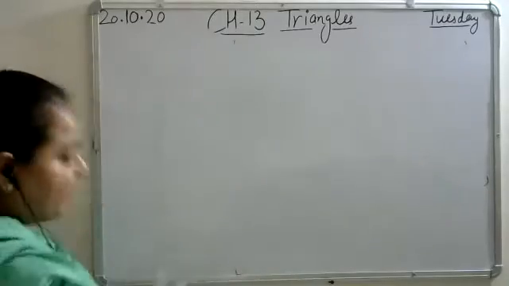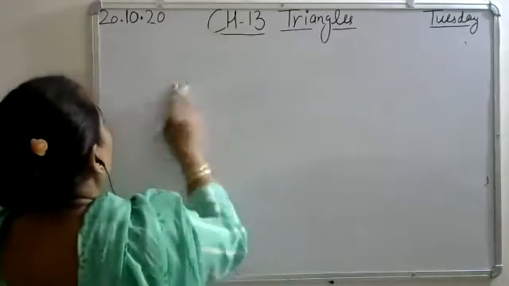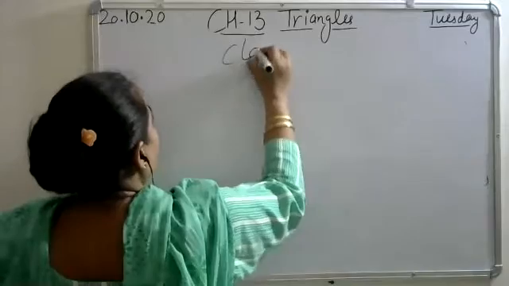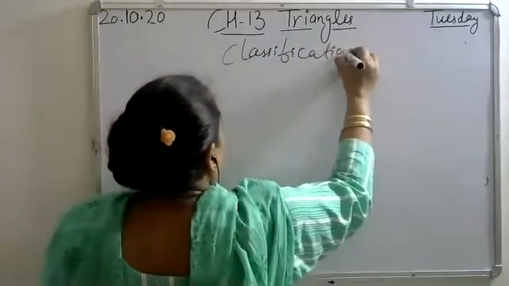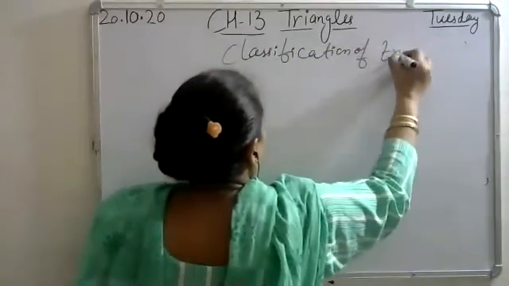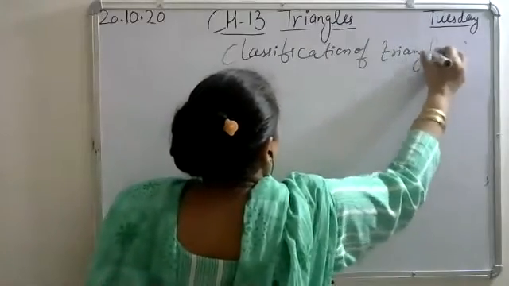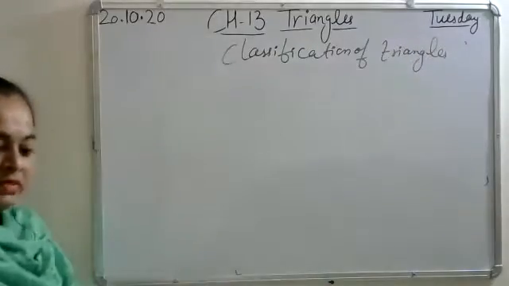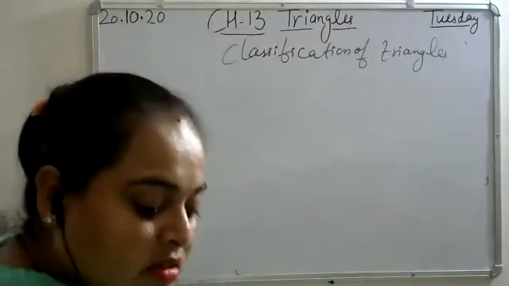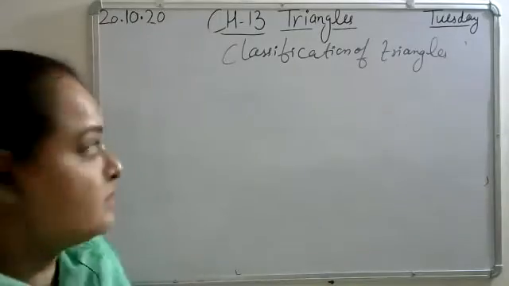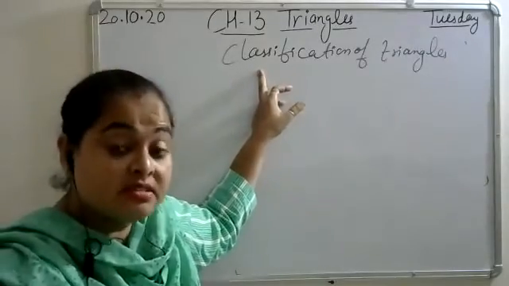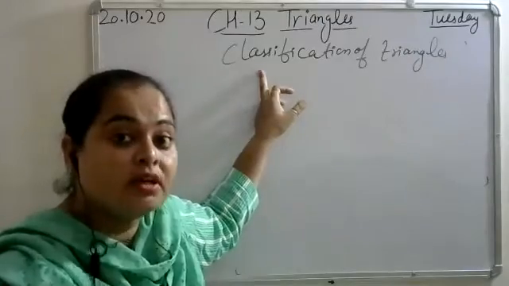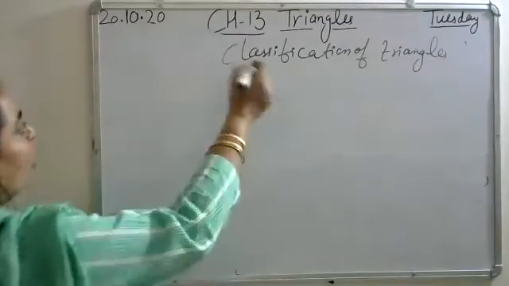So the next is classification of triangles. Classification means types of triangles. What is the meaning of classification? Classification means types of triangle.